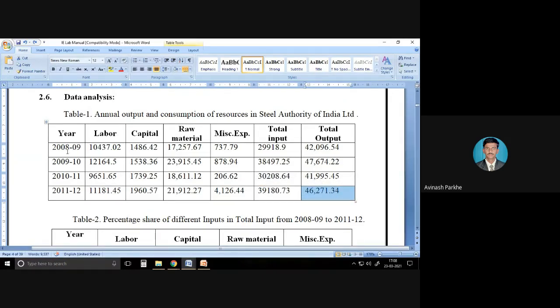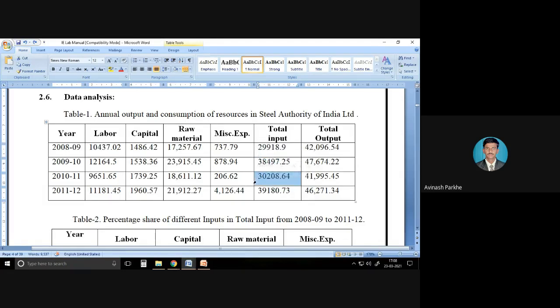That means from 2008 to 9 up to 2011 to 12, input parameters are the same, and their total input continuously changes. You can see in 2008 to 9, input is 29,918. In 2009 to 10, 38,497.25.